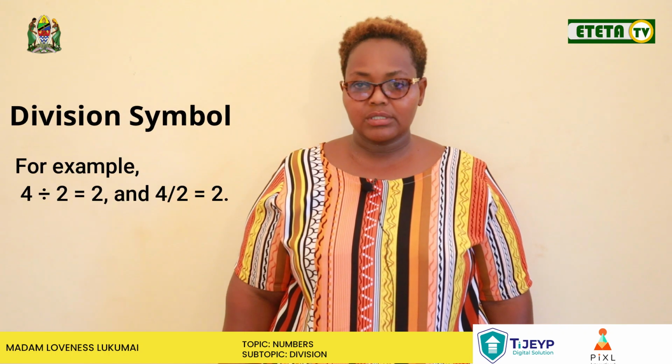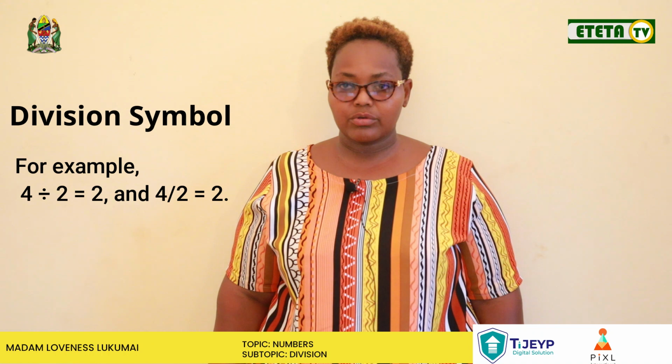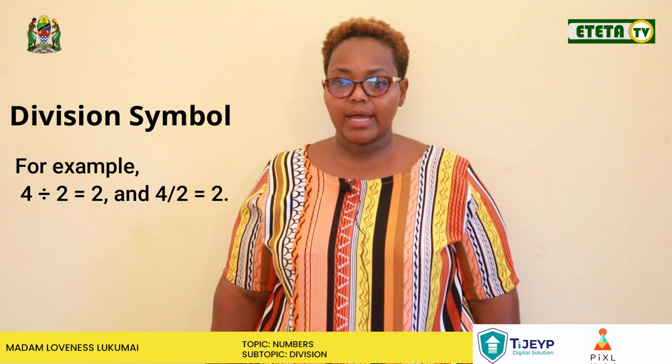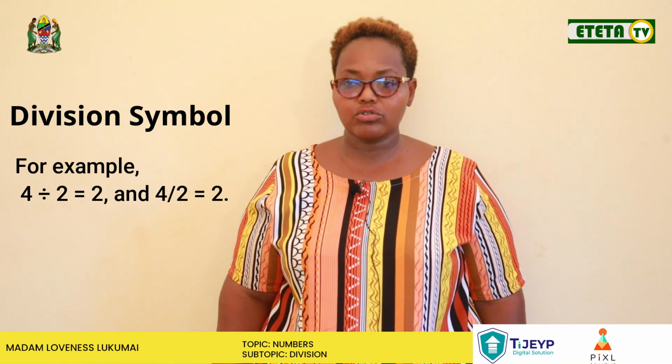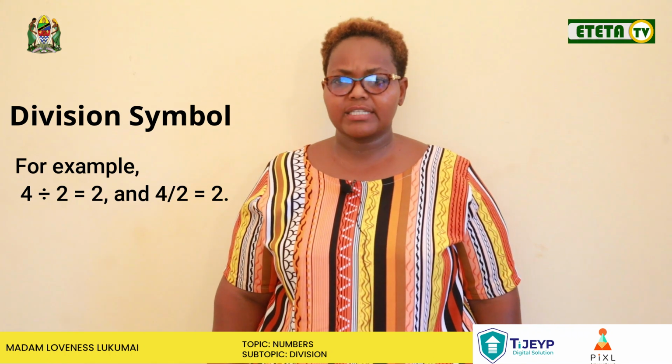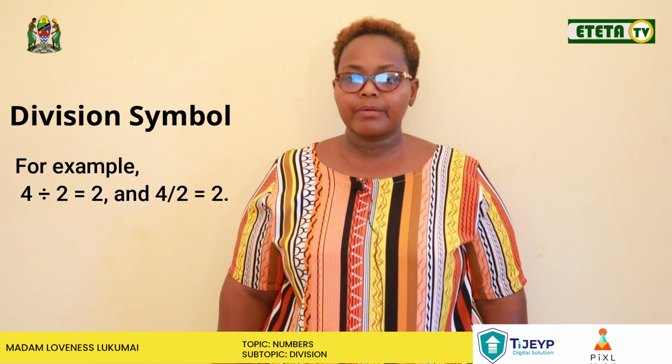For example, 4 divided by 2 is equal to 2, and 4 slash 2 is equal to 2. I just want to remind you that you can use either the first symbol or the second symbol, but both mean the same.